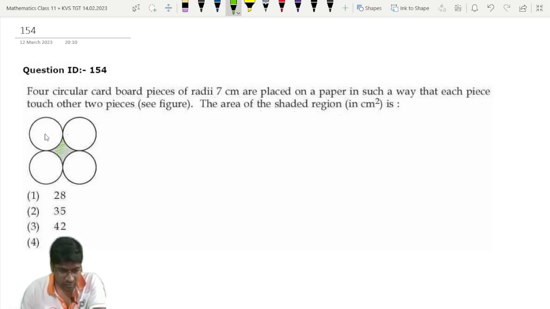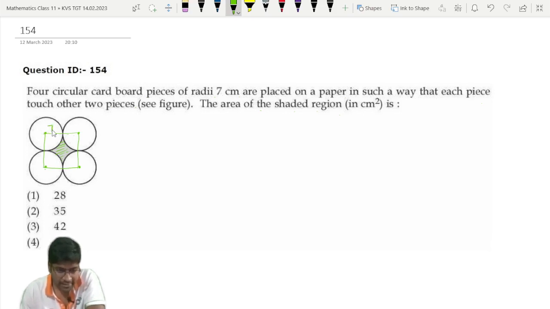Take all the centers of the four circles and join them. So what will we get? We will get a square. What will be the side of the square?